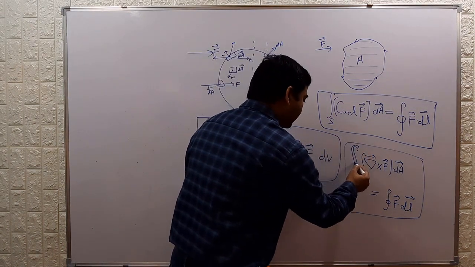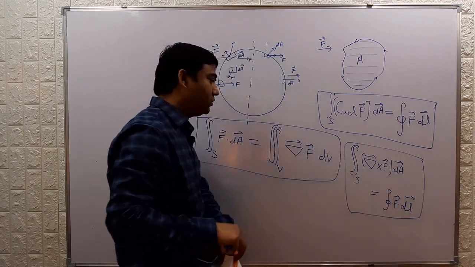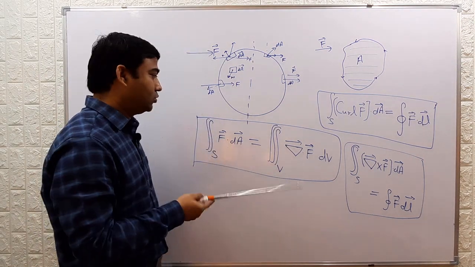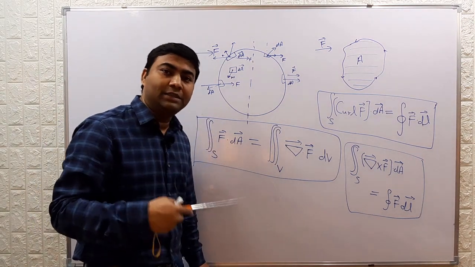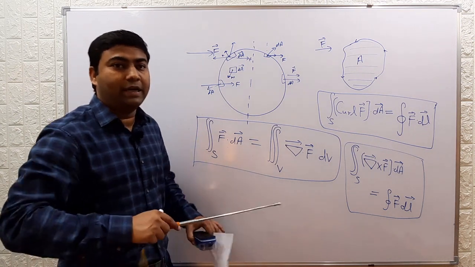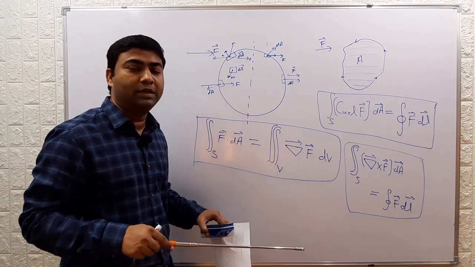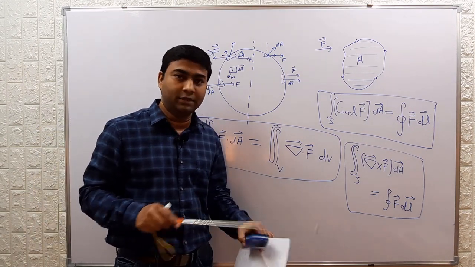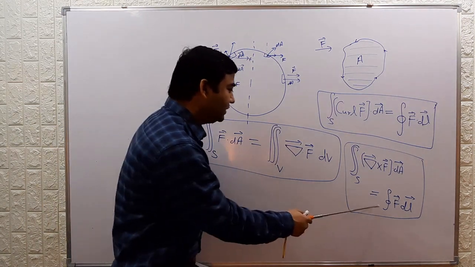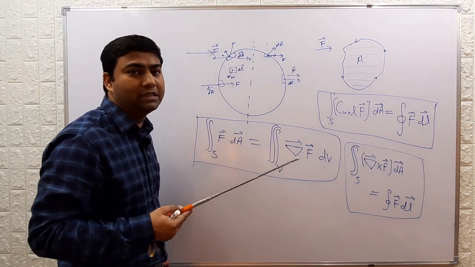Sometimes you will see this in double integration form also. That doesn't matter. We have already discussed double integration. You can find flux, volume, divergence, everything by single integration. It doesn't matter what mathematical tool you use, whether double, triple or single integration. Their form may be different, but the physical meaning is the same.